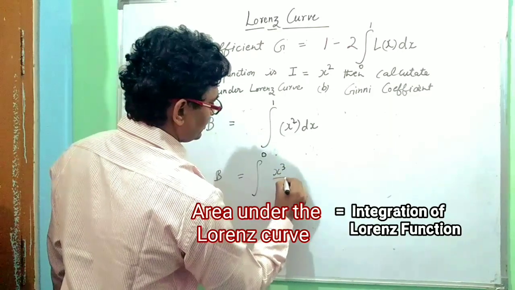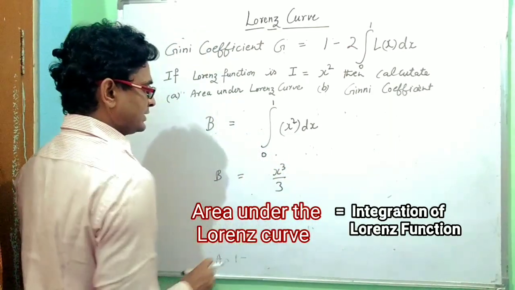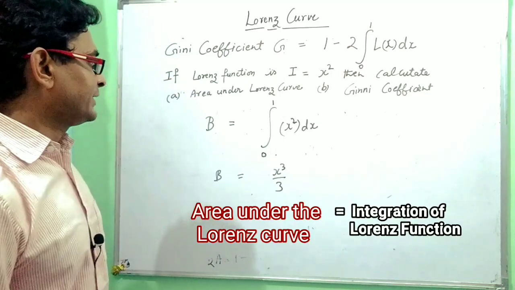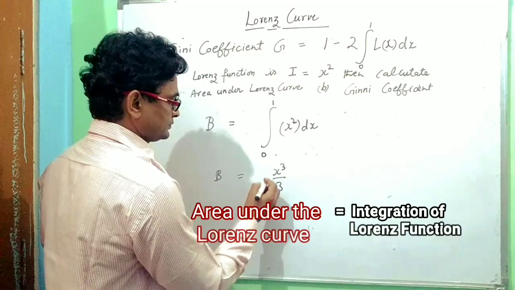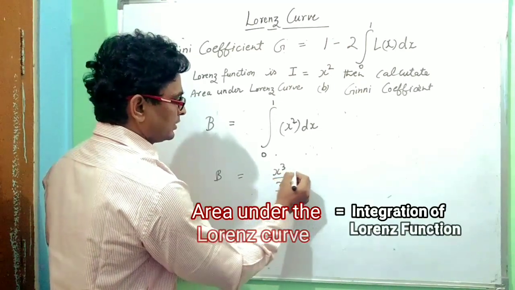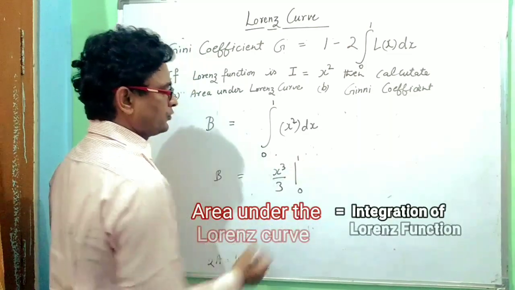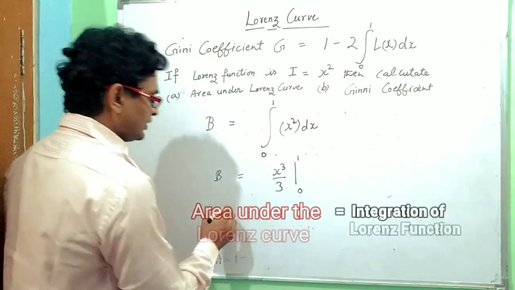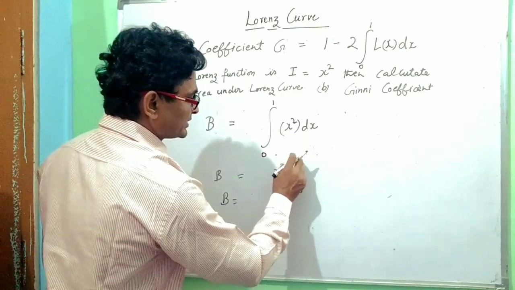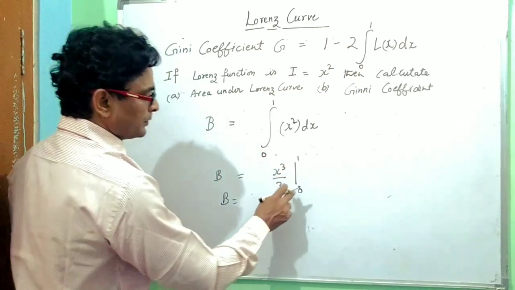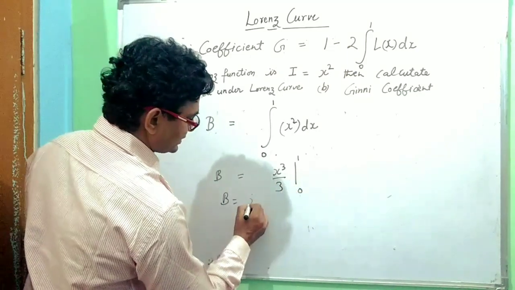x cube upon 3. This is the area under the Lorenz curve, and its value lies between 0 to 1. So we will put the value x is equal to 1 and then subtract the lower value.